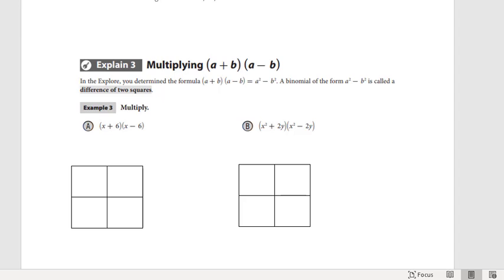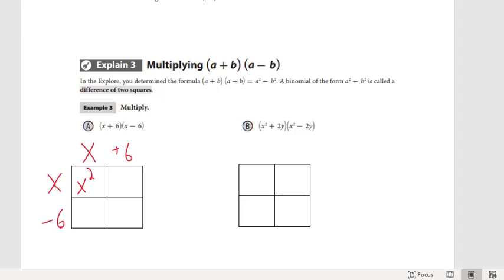When we get our answer, you'll notice that some things cancel out. So you can do a formulaic approach. I think it's better just to write it out and do it like we've normally done, and it reduces the chance of error. So we have x plus 6, x minus 6.